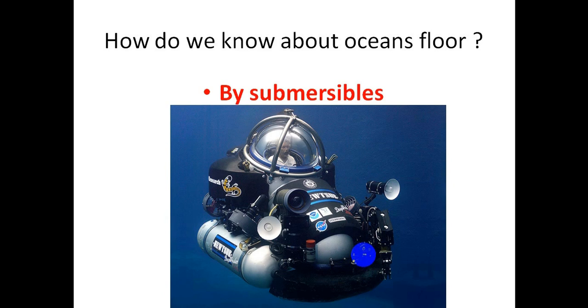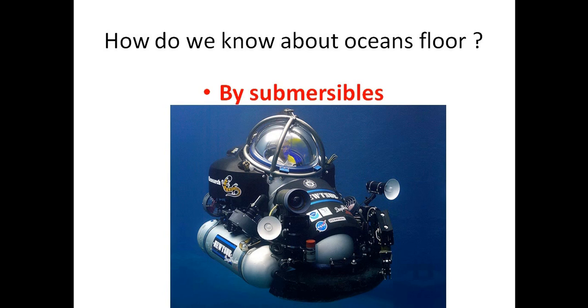And these submersibles can solve many problems, like light. If we see here, this submersible has light, and also it can solve the problem of the temperature inside here. They can adjust the temperature so that it doesn't get destroyed or squeezed when it goes very deep.